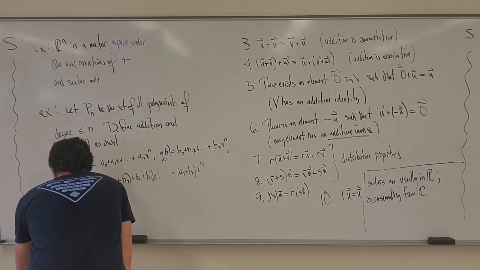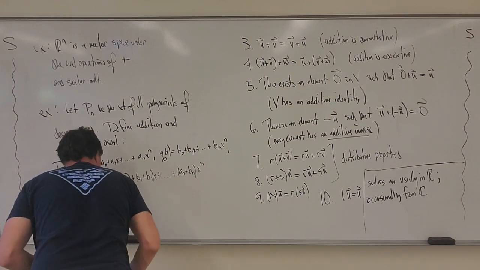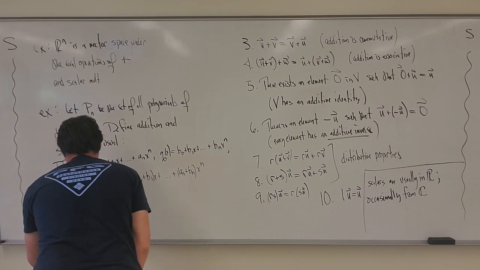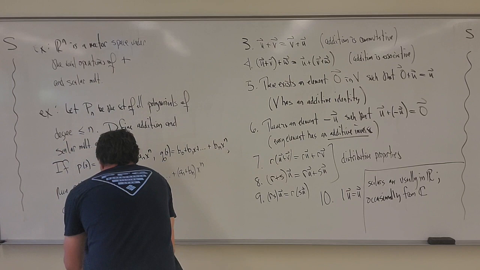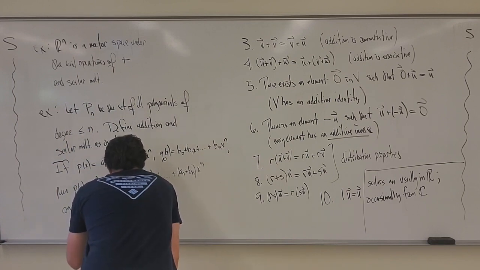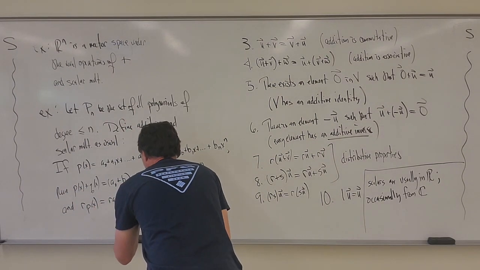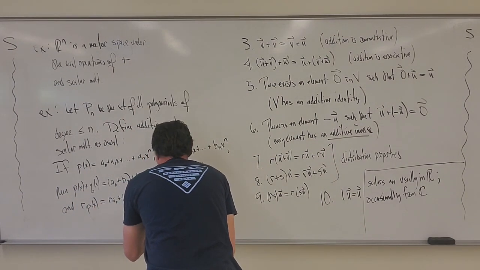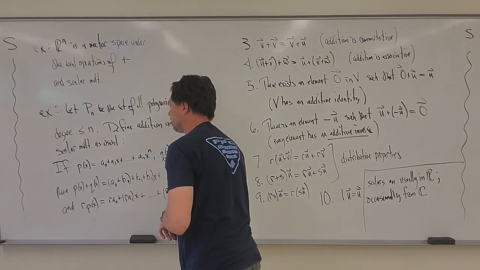And let's say we have some real number r times p of x. That's equal to ra0 plus ra1 times x plus dot dot dot plus r a sub n x to the n.